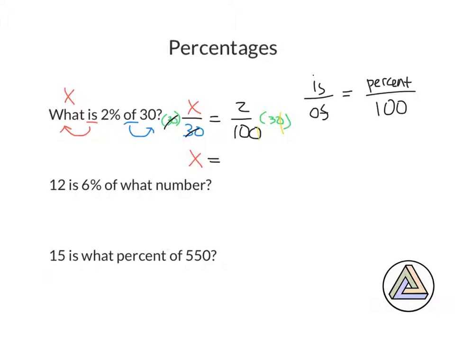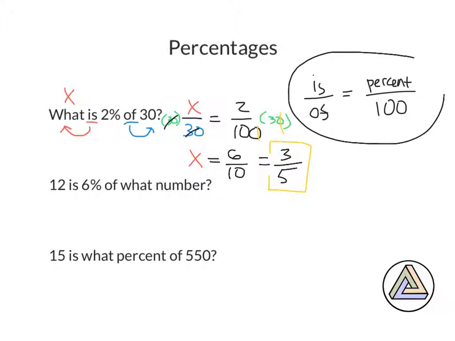The zeros would cancel, at least. So it'd be 2 times 3, which is 6 up top, all over 10. And it still happens that that could be reduced further to 3 over 5. So that's actually the answer to that one. Once again, all we really did was use this is over of equals percent over 100.